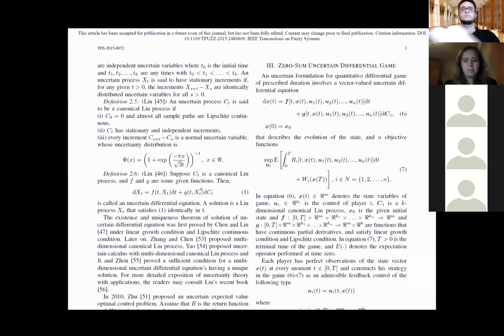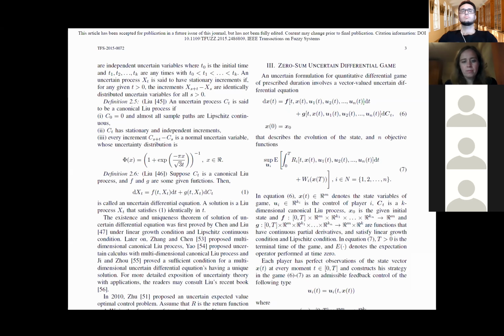In the stochastic differential equation, this is dWt or dBt, the Wiener process or Brownian process, but here this is an uncertain process, the canonical Liu process. Yes.